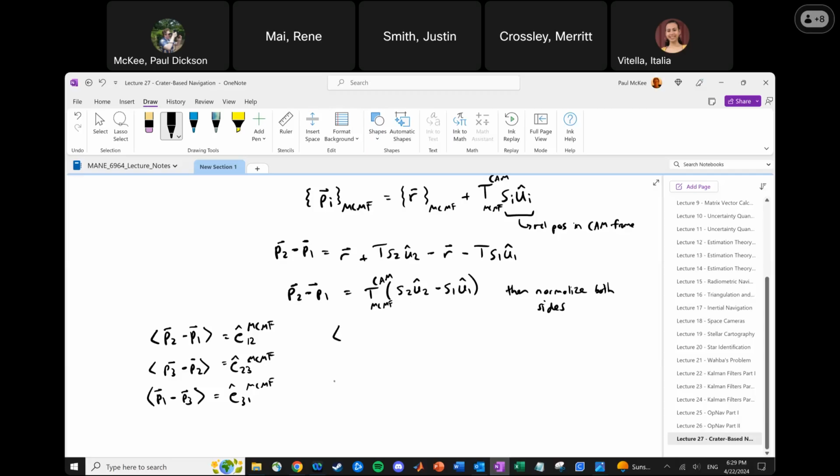Similarly, if we take S2U2 minus S1U1 and then normalize it, that's going to be called E12 CAM. S3U3 minus S2U2, that is E23 CAM.